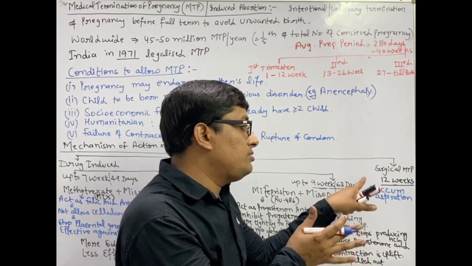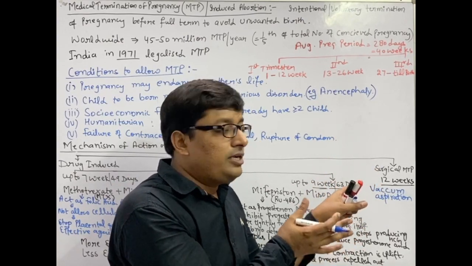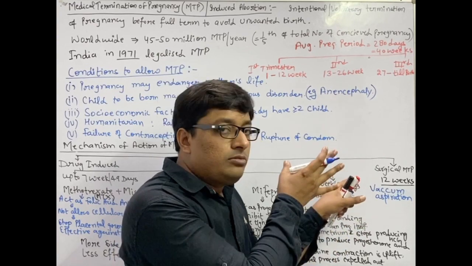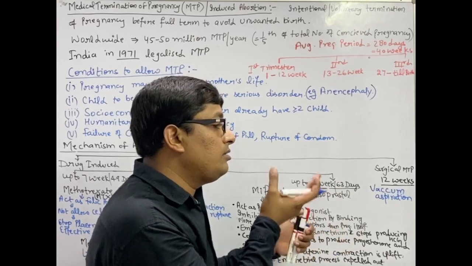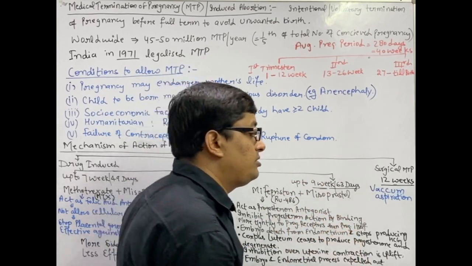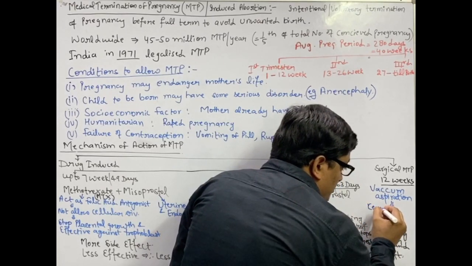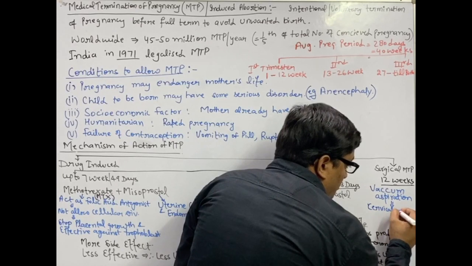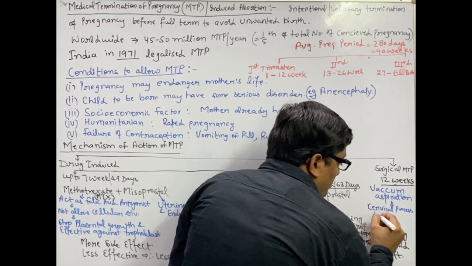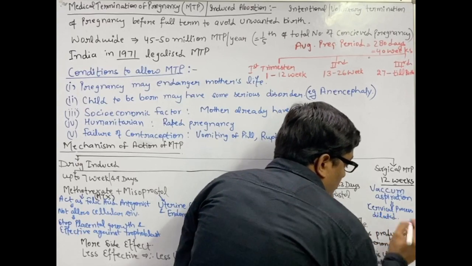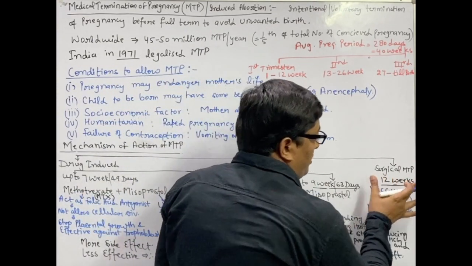The vacuum created manually or through an electric process expels the lining of the uterus, that is the endometrium, and the developing embryo. So this is applicable up to 12 weeks.